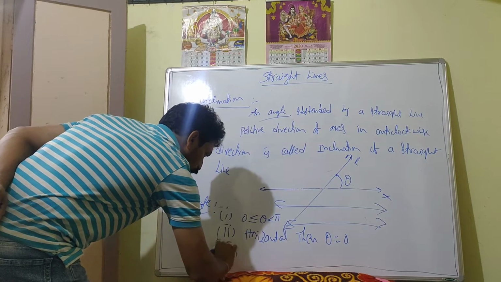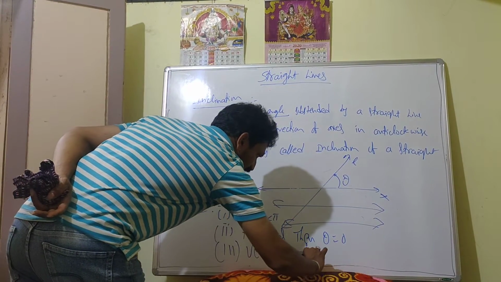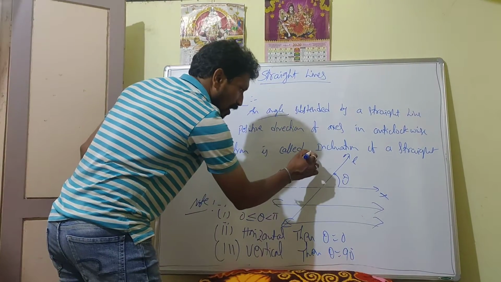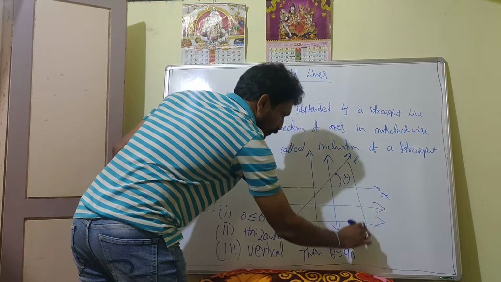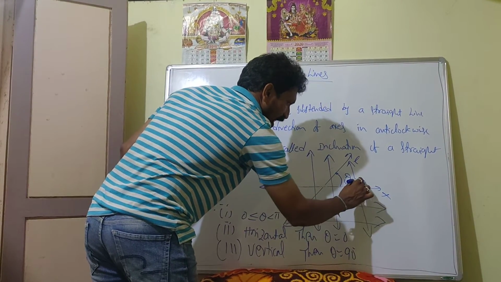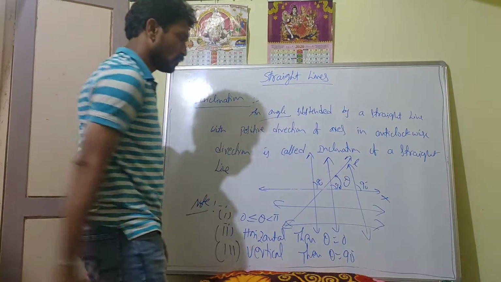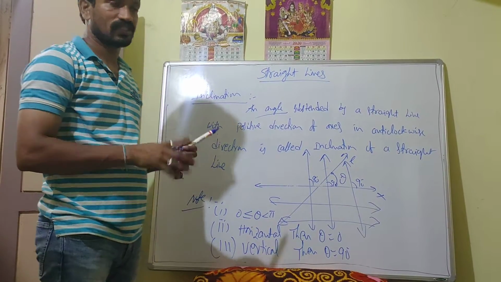If it is vertical, then theta is equal to 90 degrees. Vertical means always parallel to the y-axis, whatever may be. So if it is parallel to the y-axis, this angle is 90 degrees. So these are very important definitions in straight lines.